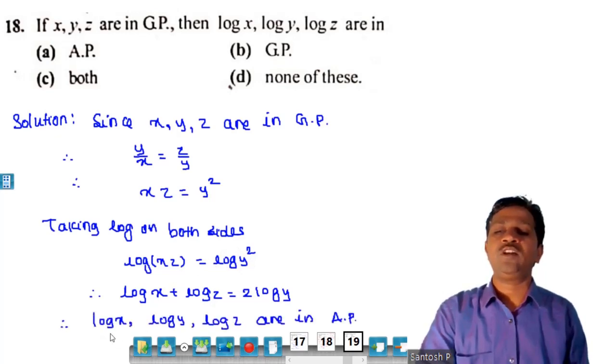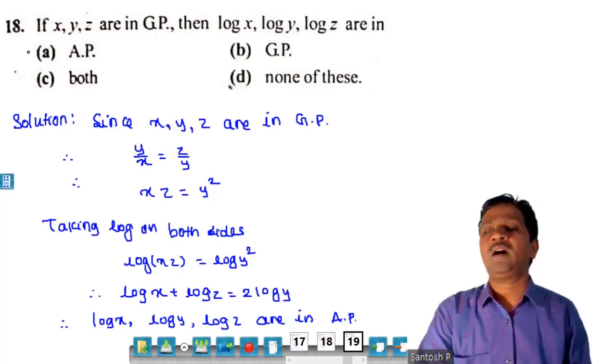It can be easily observed that these are in AP. If the sum of the first and last term, log x is first, log z is last, and this is the middle, if the sum of first and last equals 2 times the middle, then it is an AP. So the given numbers are in AP.